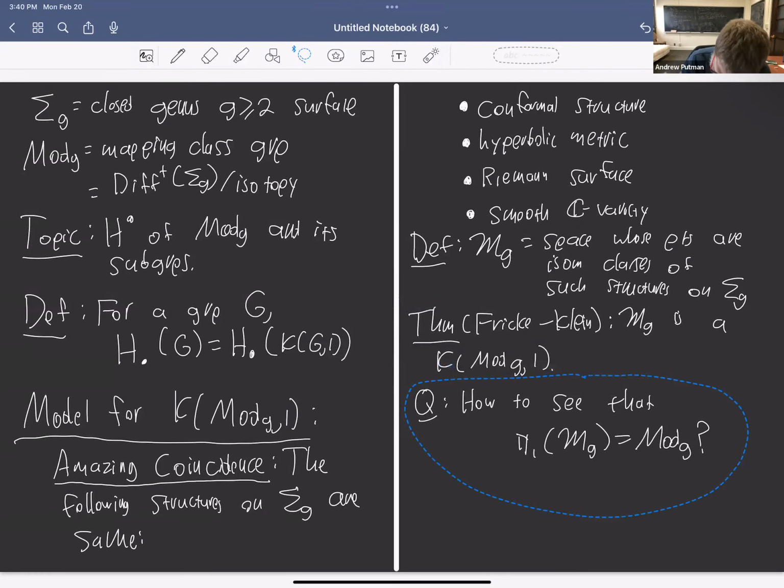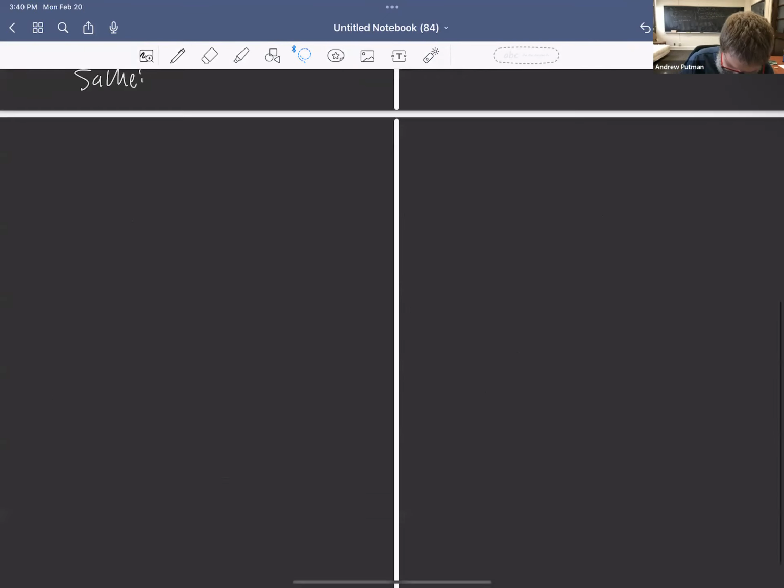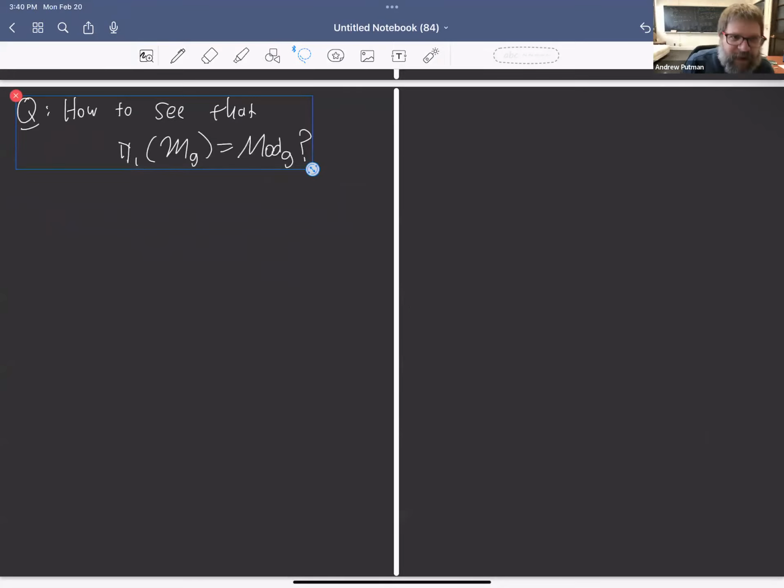Unfortunately, I can't advance my slide so that the right side stays visible and just moves to the left. That's not how my iPad works. I want to explain how this works, because this will also move us into one of the next things I want to talk about. So I'm going to move to my next slide, and I will put this question at the very top right there.